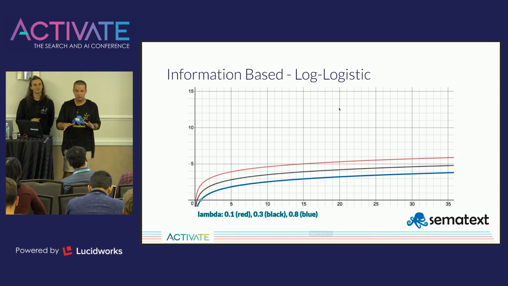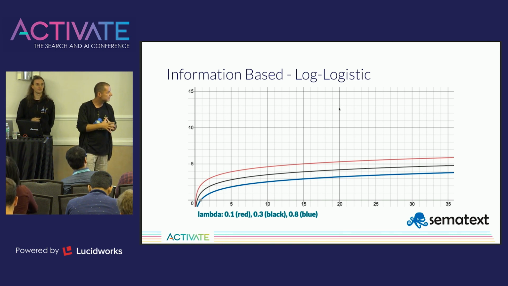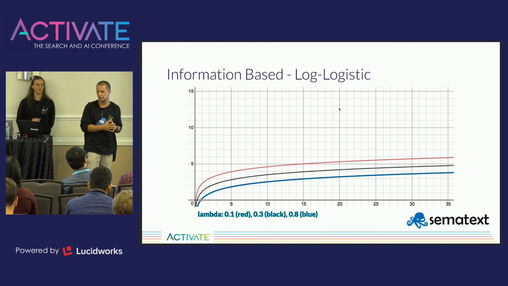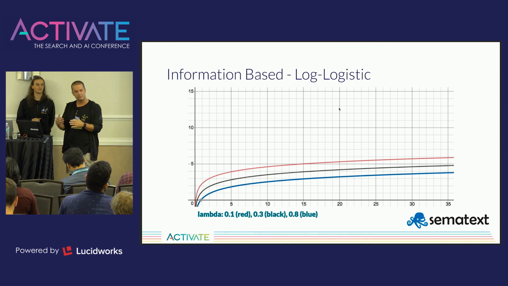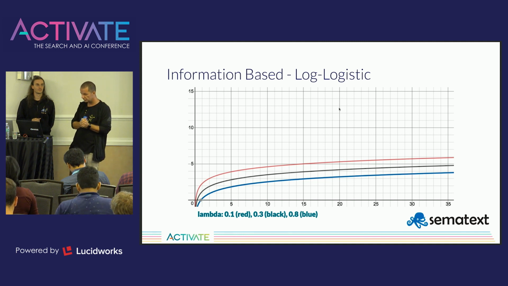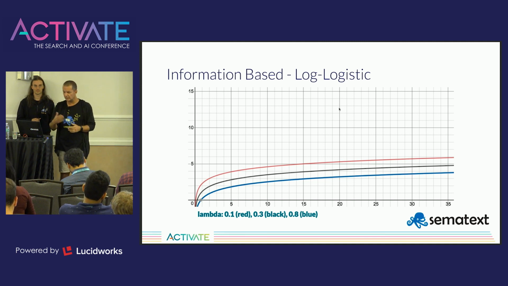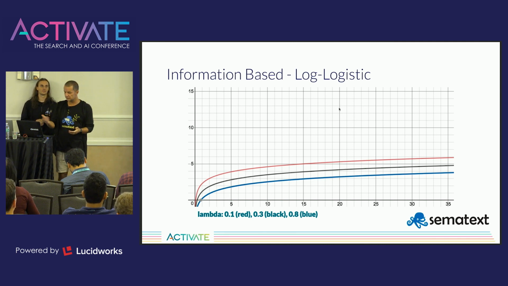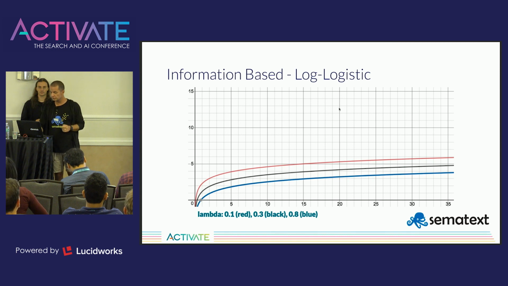So if we consider a lambda a static value right now, we can see how the log logistic distribution will actually work when it comes to score calculation. You can see the 0.1 red is on top, and the higher the lambda is, the more the score varies, because 0.8 is down, a less steep curve, and the score will eventually be lower. So that's how it works.